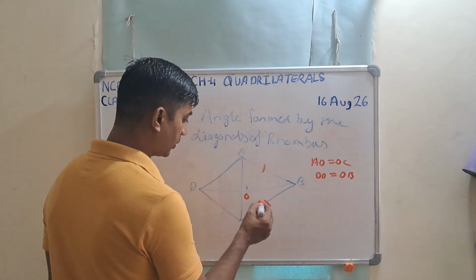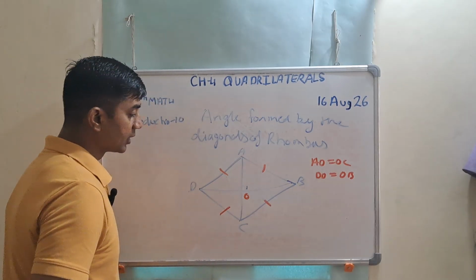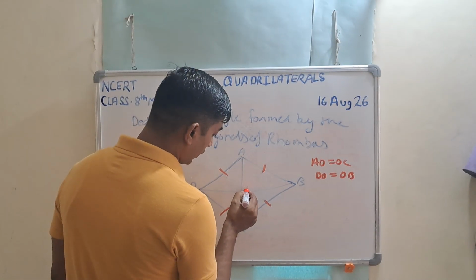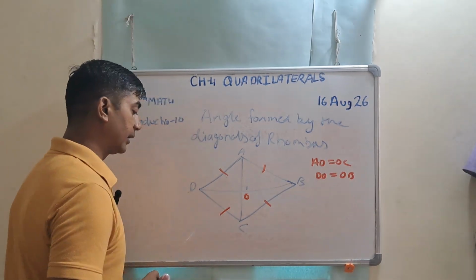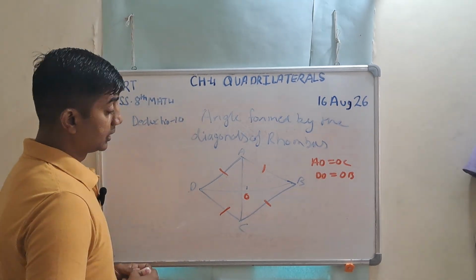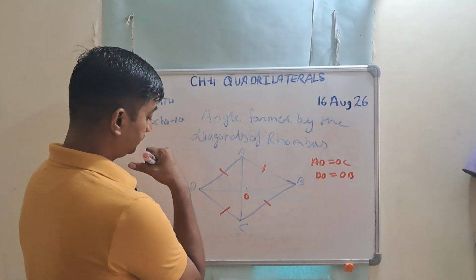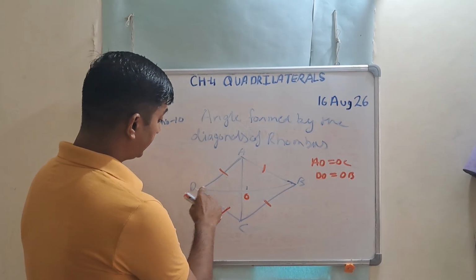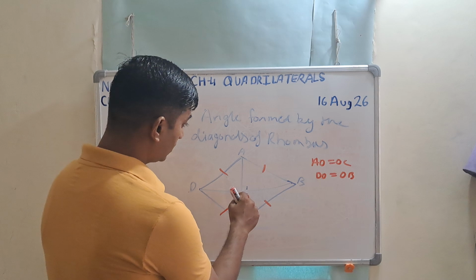Understood? Now we have to find out what is this angle. Understood? So we will take the triangle DOC and triangle AOB.